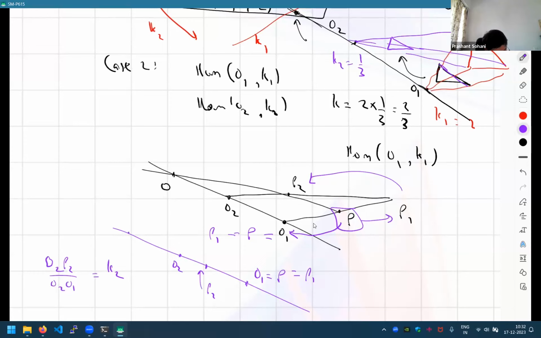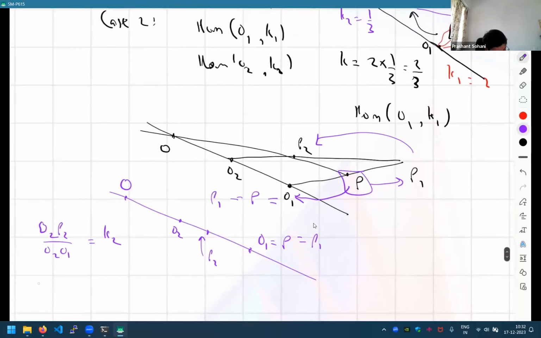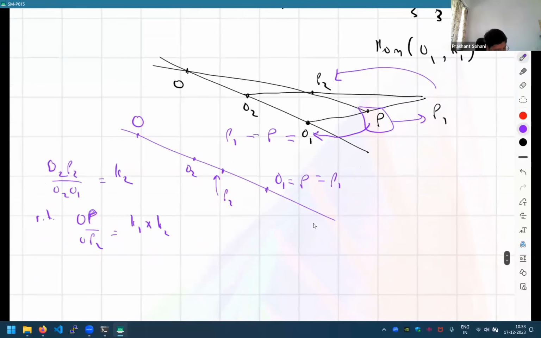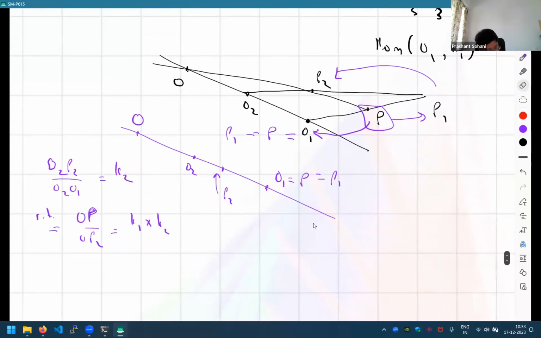Now on this line, I have to look at the point O such that around point O, the original point P, OP upon OP2, is supposed to be K1 into K2. But instead of writing P here, I can replace P by O1, and I could write this as O1O upon OP2 is K1 into K2.